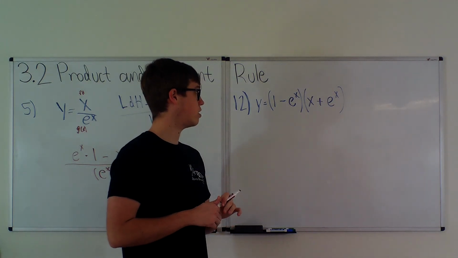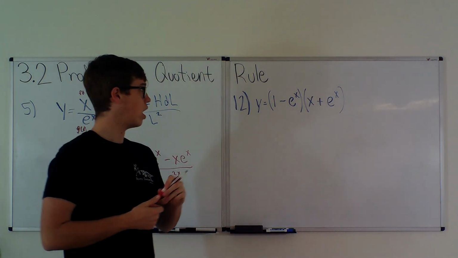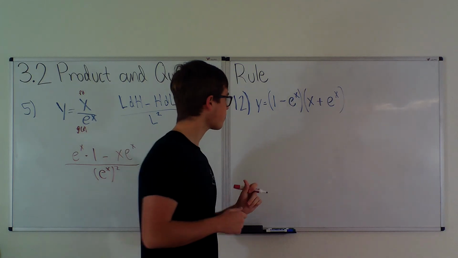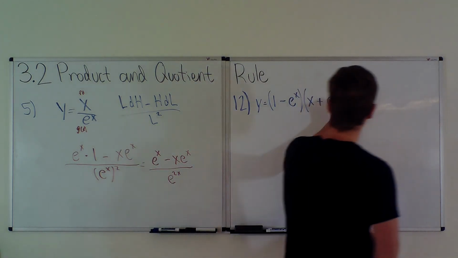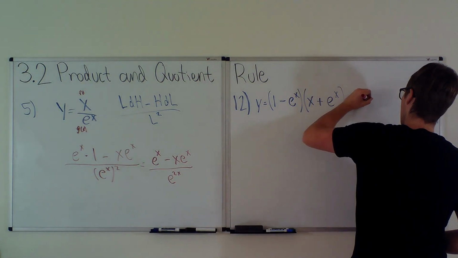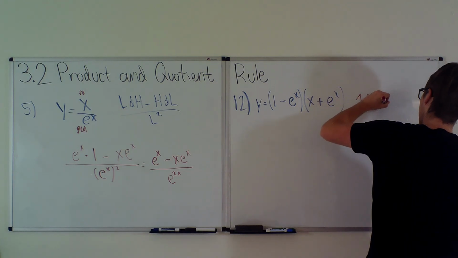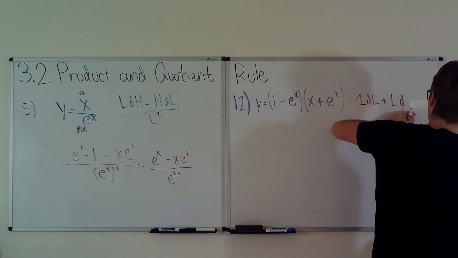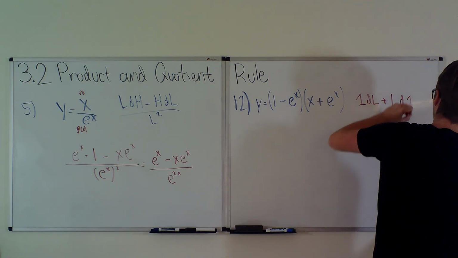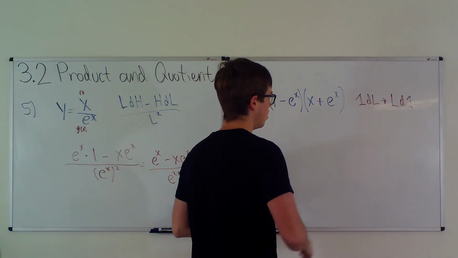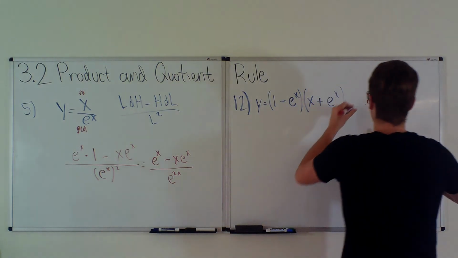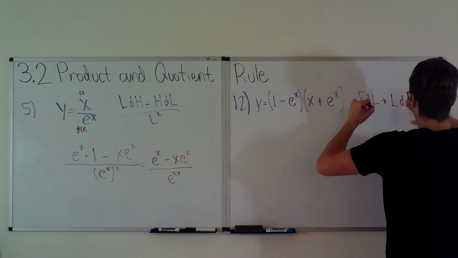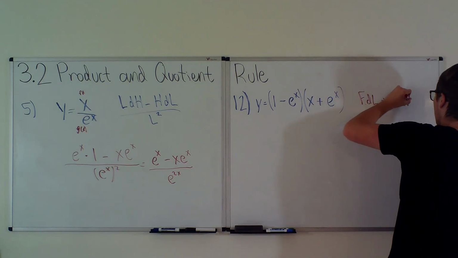1 minus e to the x times x plus e to the x. So what was it? First d last plus last d first. I should probably just put f's instead of 1's because it makes more sense.